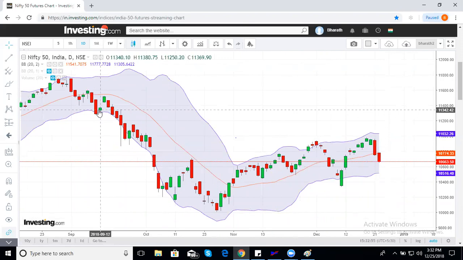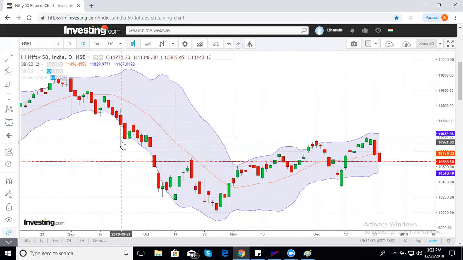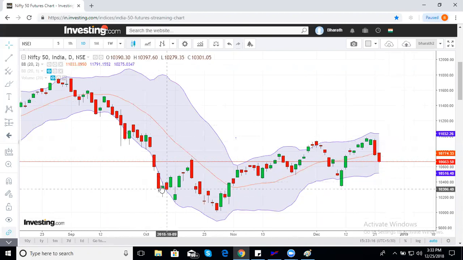Look at this. See here, flip side. When the buyers are strong, buyers will close outside the upper band. When sellers are strong, they will close below the lower band. See here from Nifty, which corrected from 11,800, this first dip, price closed outside the lower band, went up. Second time market closed outside the lower band, went up. Third time market closed outside the lower band, went up, took resistance at the middle band, came back in.